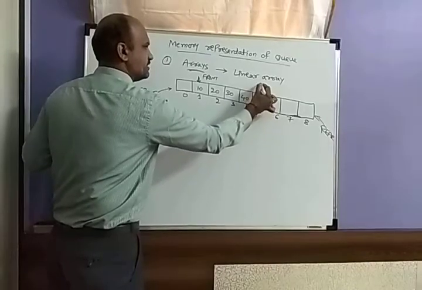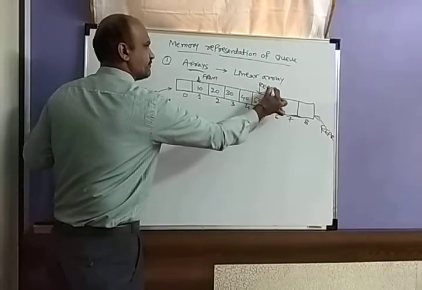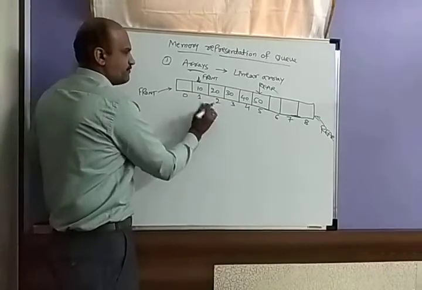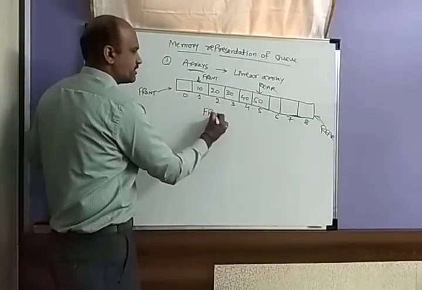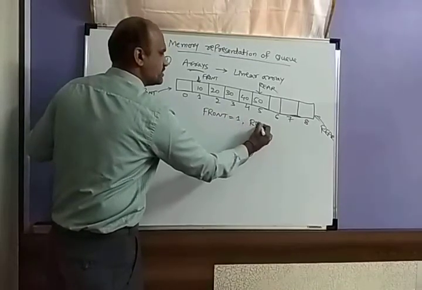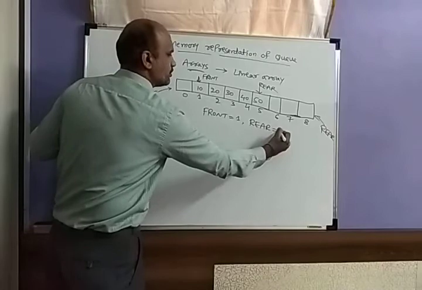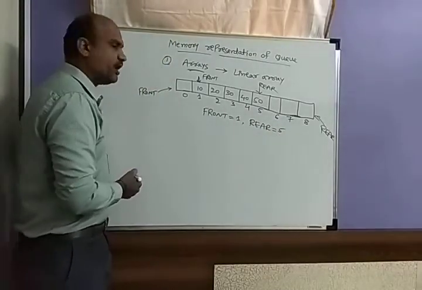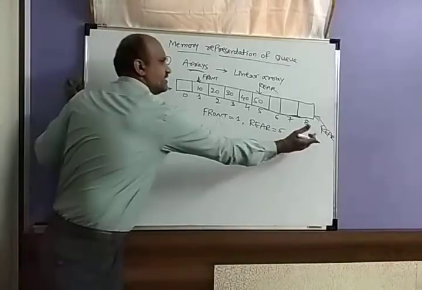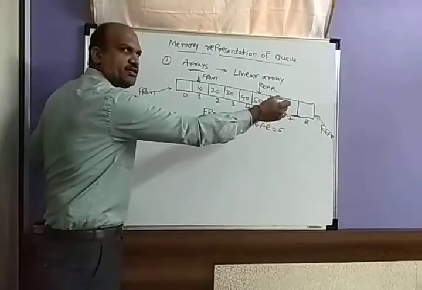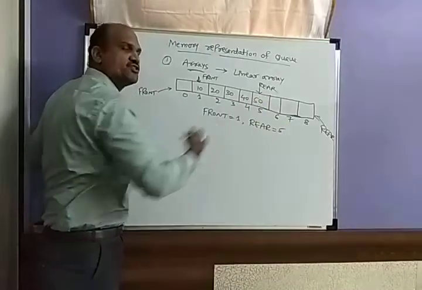So front is equal to 1 and rear is equal to 5. The location is 5. Now when I insert another element, there are many spaces where you can insert.